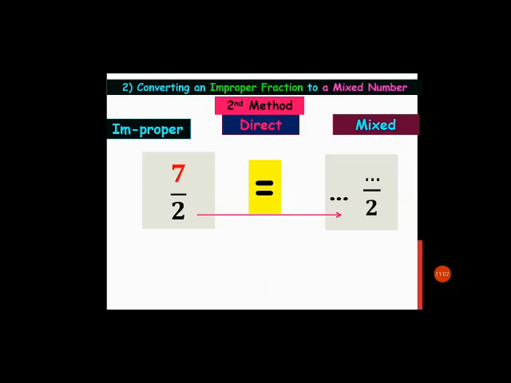First we put the denominator as it is, then we think. I ask myself, 2 times what gives you a number near 7? 2 times 3 equals 6. So 6 plus what gives you 7? Plus 1. So this is a faster way to solve that problem, by remembering how I was transforming the mixed number into improper.